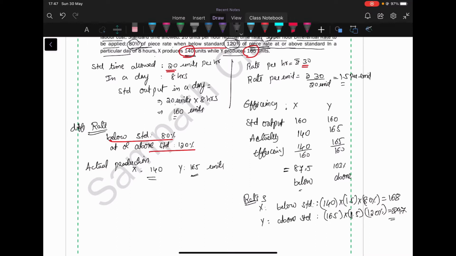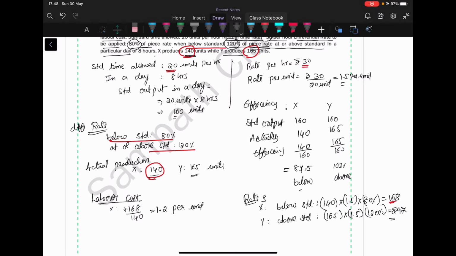Right? When I say what is the labor cost, I will write here labor cost for X. X produced 140 units and he got 168 rupees. So 168 rupees he got paid for producing 140 units. 168 divided by 140 is 1.2 rupees per unit.